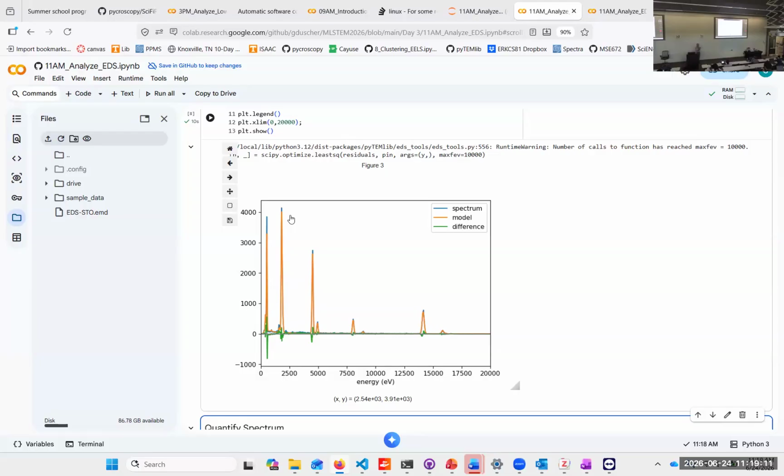The different methods of sophistication. The simplest one, when you try to determine the peak intensity, is just to look at the background left and right.